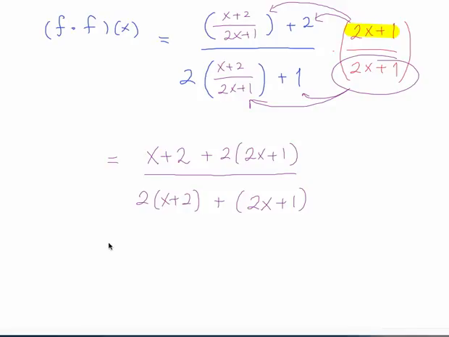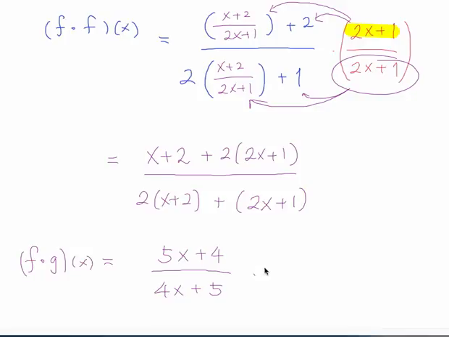There, I just have to simplify. x plus 2, and then there's a 4x here, so 5x, and that's a 2, so plus 4. We can simplify here as well. So that's 4x, and there's 2 times 2, which is 4, plus 1 is 5. Okay, so that's f of f.